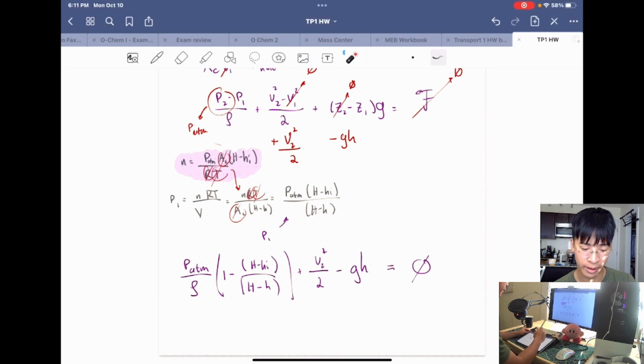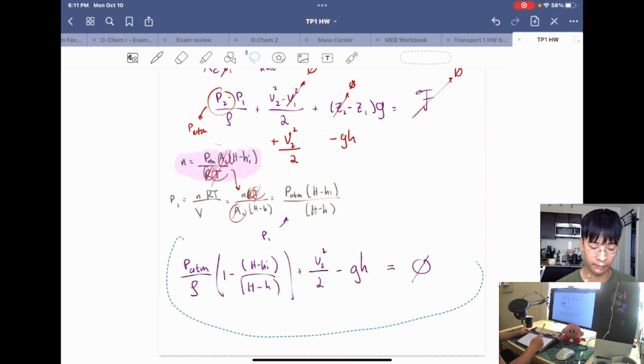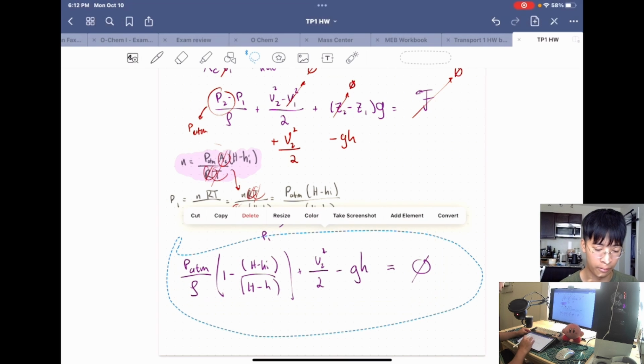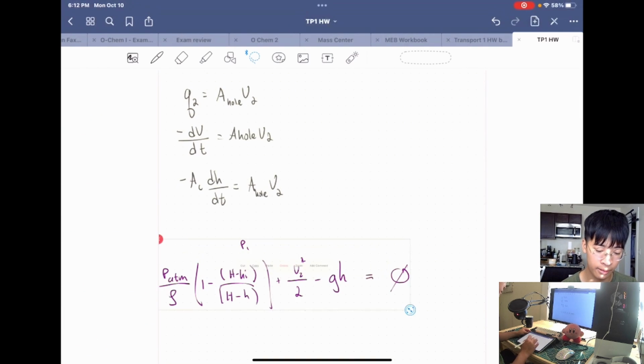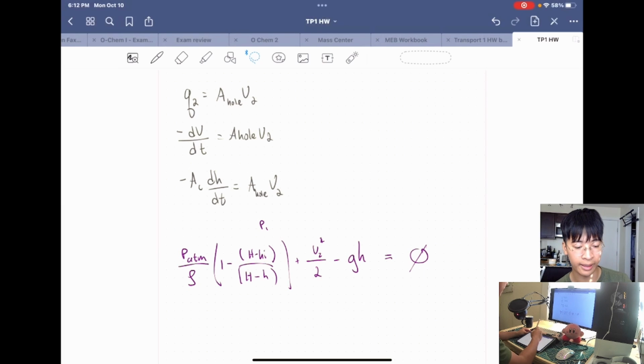Now we have to find an expression for V sub 2, the velocity at 2. That's just going to involve a little algebra.